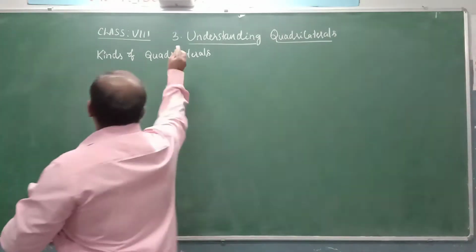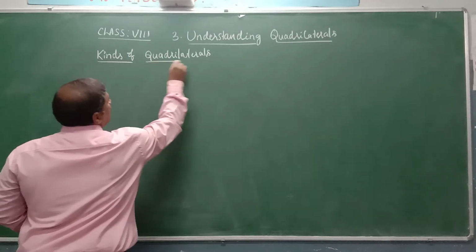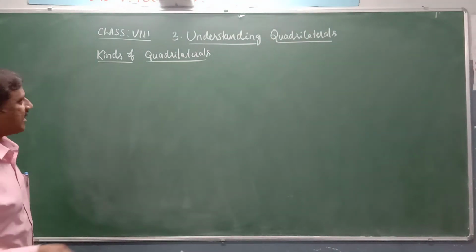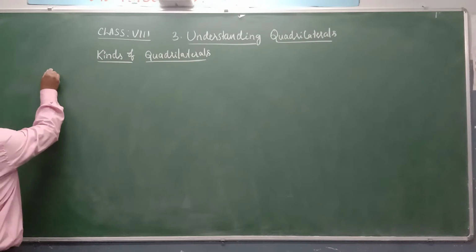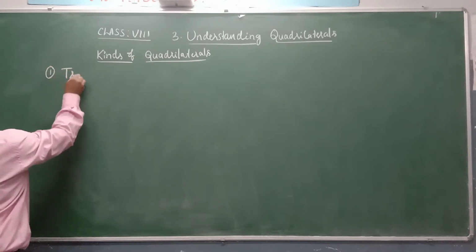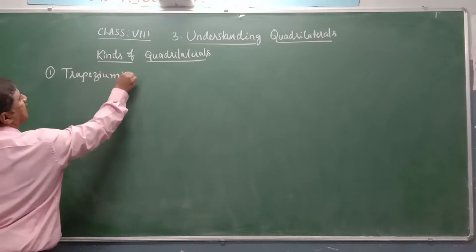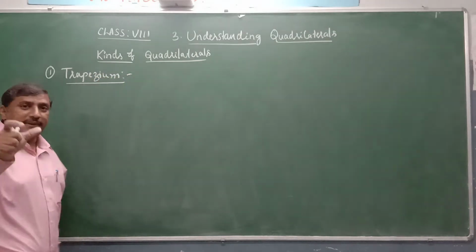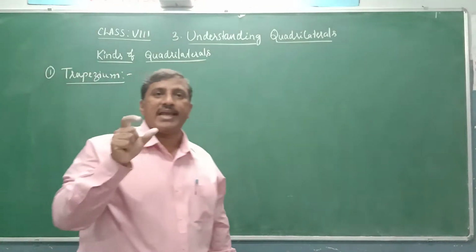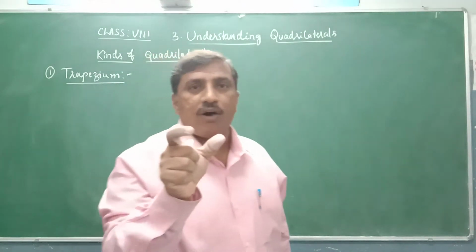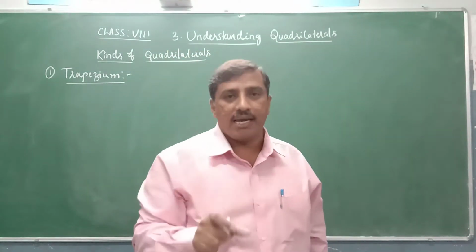So the first kind of quadrilateral is a trapezium. What are the properties of a trapezium? A trapezium is a quadrilateral in which one pair of opposite sides are parallel.